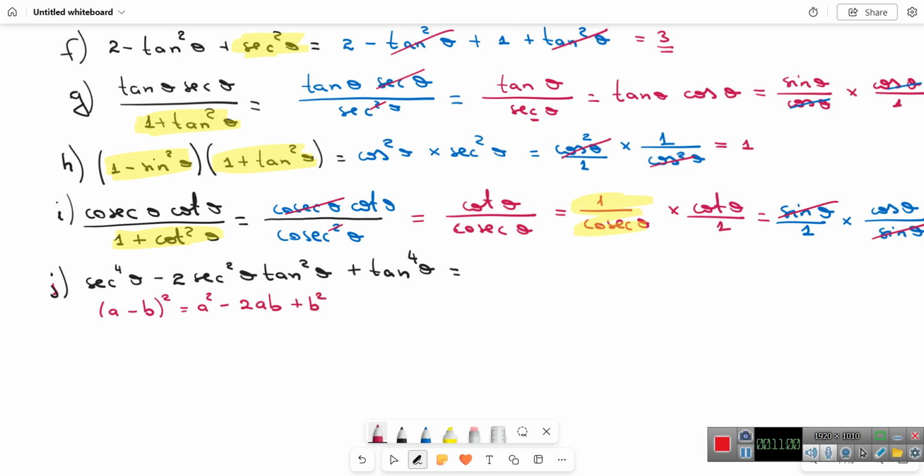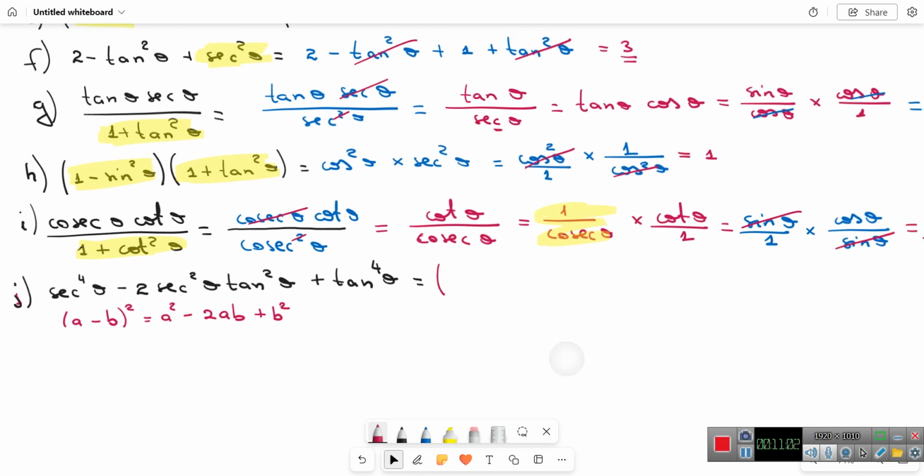So this is sec squared of theta minus tan squared of theta, everything squared.